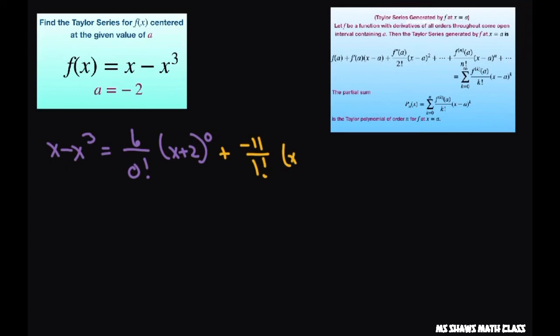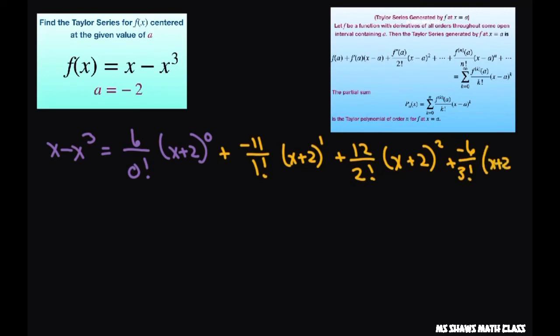We write all this out, we're going to get x minus x cubed equals 6 divided by 0 factorial times x plus 2 to the 0 power. Then we have plus -11 divided by 1 factorial times x plus 2 to the first power, plus 12 divided by 2 factorial times x plus 2 squared, plus -6 divided by 3 factorial times x plus 2 cubed.